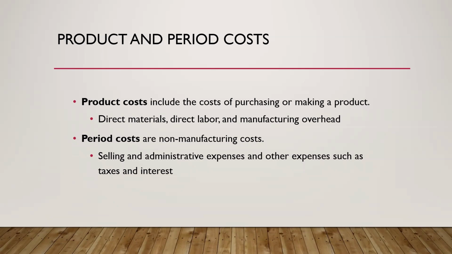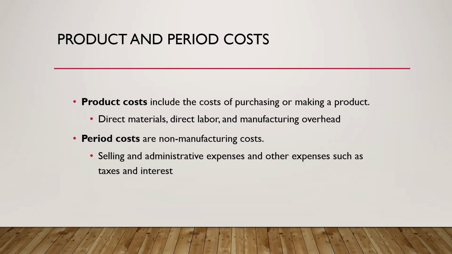Period costs, on the other hand, are non-manufacturing costs. Period costs are selling and administrative expenses and other expenses such as taxes and interest. Now, these costs are matched with the revenue of a specific time period and expensed in the same accounting period.